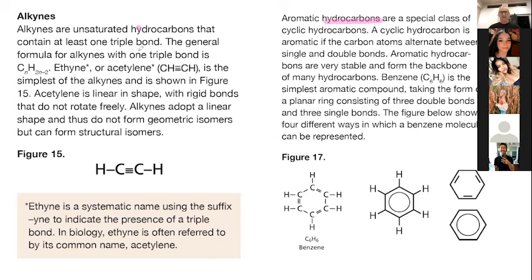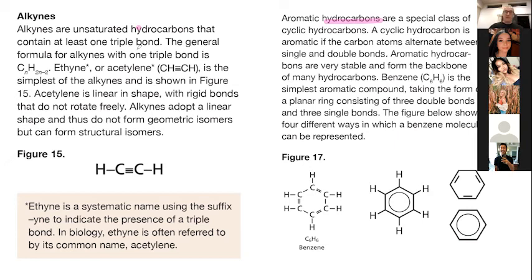Because they smell good? They smell really strong. They smell really strong. And what this aromatic hydrocarbon is, they have a ring structure, generally with 6, and they have alternating double and single bonds.